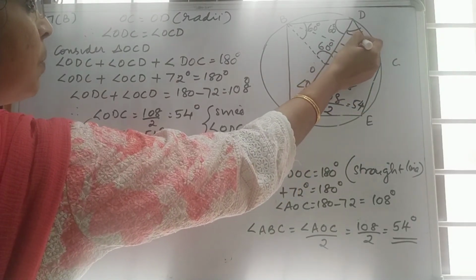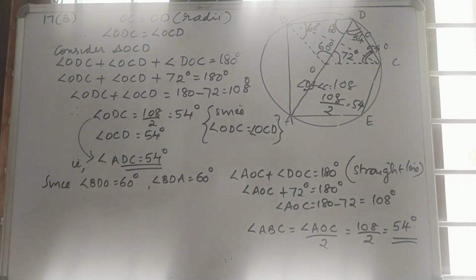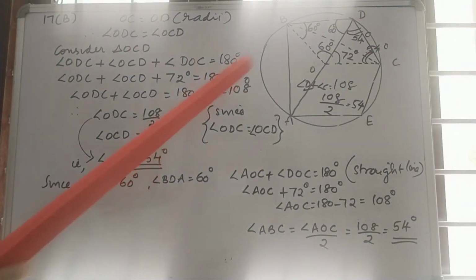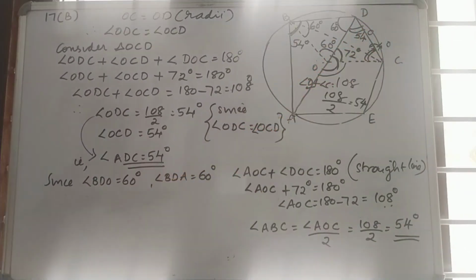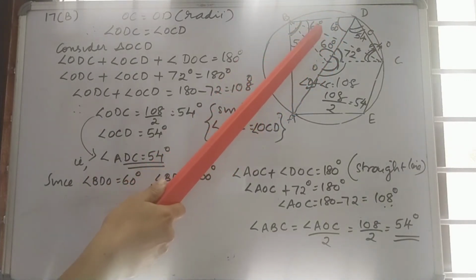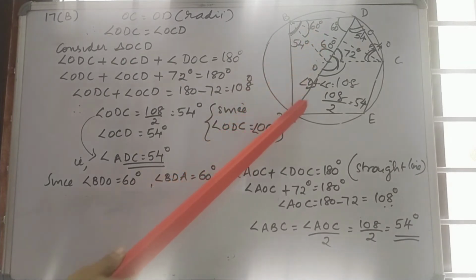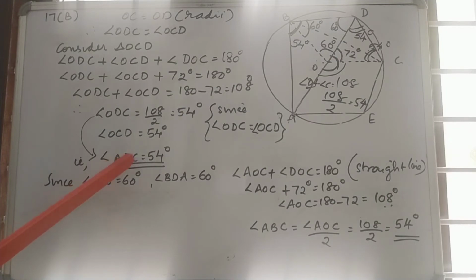So OCD is 54 degrees and ODC also will be 54 degrees. ODC is the same as ADC, so ADC is 54 degrees. That is our first part.